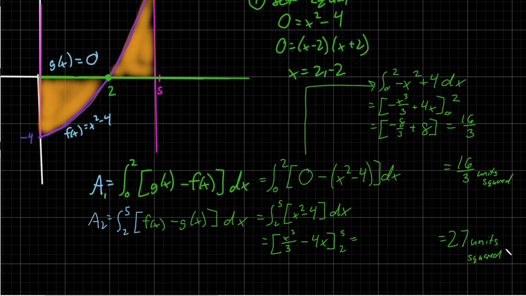There's 2 of you in class who probably don't have calculators, because I have 2 calculators up on my desk. One of these. Okay, I'm going to ask again. Do we get 27 units squared? Thank you for responding.